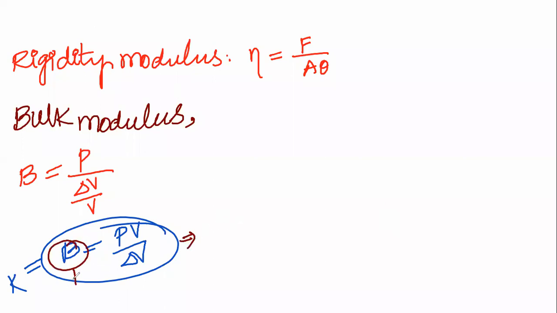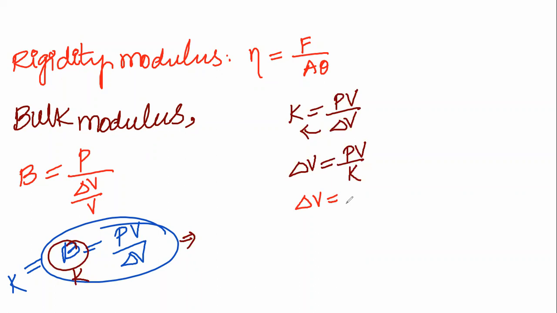Bulk modulus is taken as K. K is equal to PV divided by delta V. On bringing this to the left side, delta V is equal to PV divided by K. There, pressure P is equal to rho G H, or H rho G. So delta V is equal to H rho G into V divided by bulk modulus K.